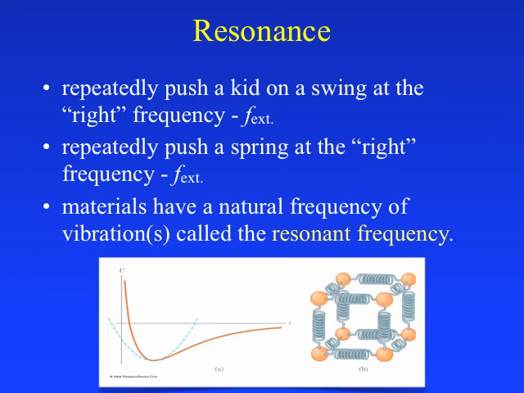So they have a natural springy-like behavior, and therefore a natural frequency. Springs have a particular period, depending on the masses that are vibrating at particular temperatures. So all materials made up of vibrating atoms and molecules have natural frequencies of vibration.